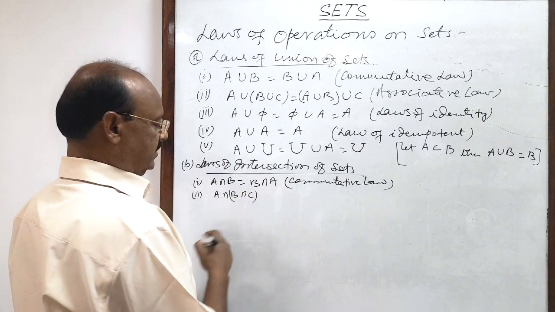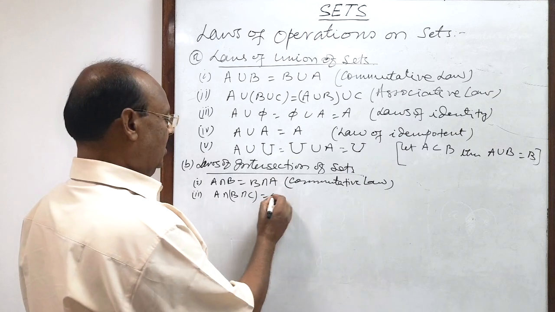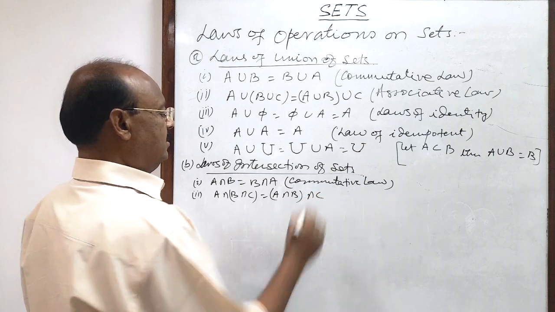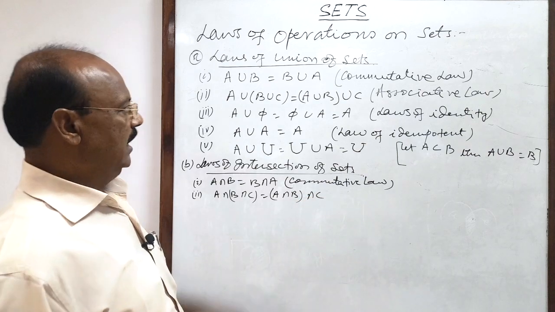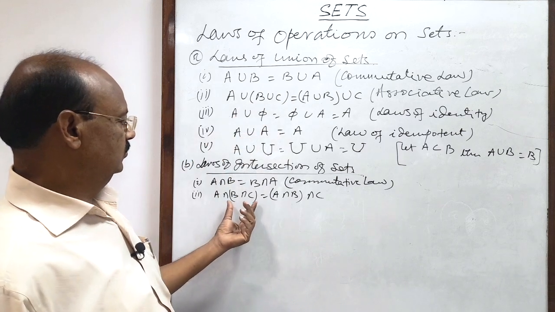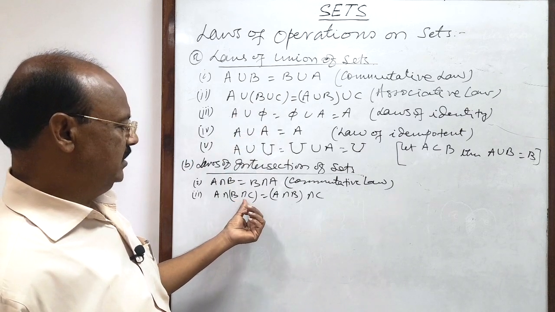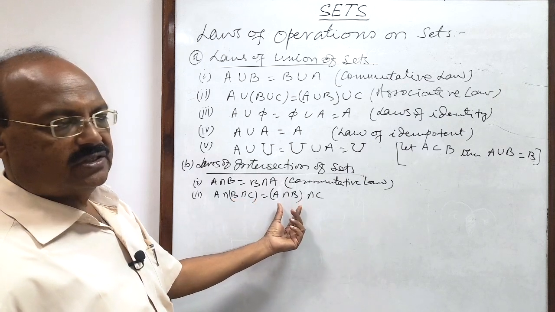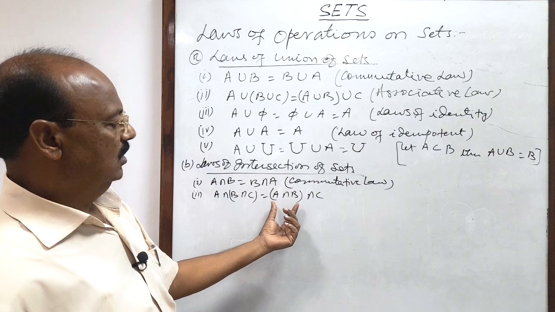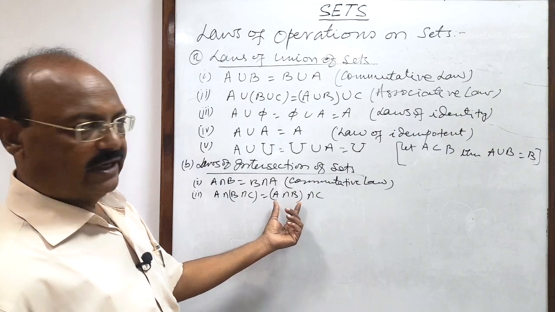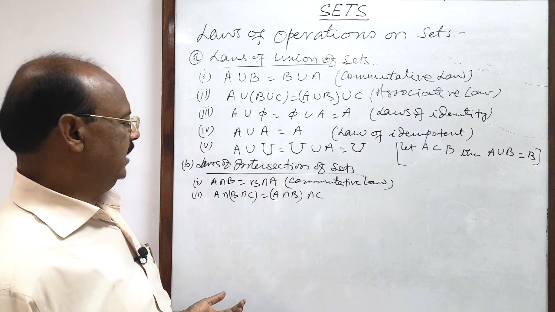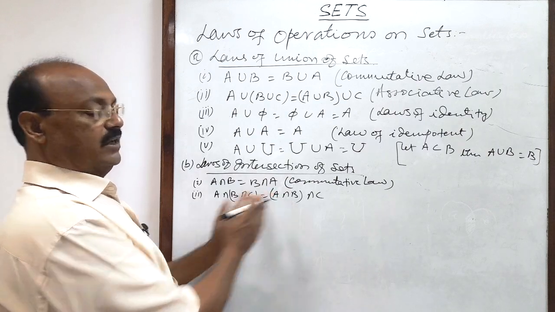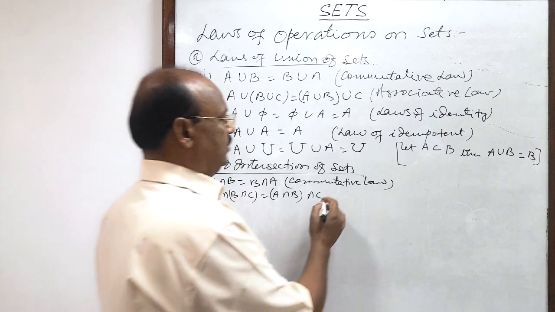Here B intersection C is in a bracket in the left hand side, and this is equal to (A intersection B) intersection C, where the first two sets under the operation of intersection are inside the bracket. So it doesn't matter which operation has been done first, whether B intersection C or A intersection B. This is known as associative law.